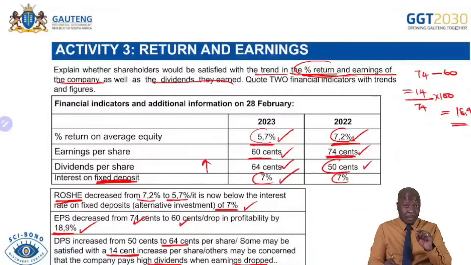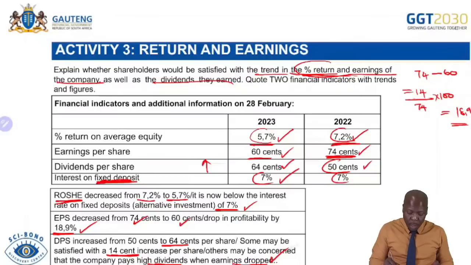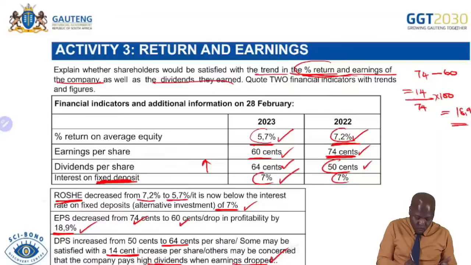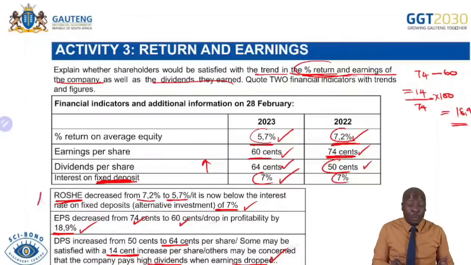Remember, we addressed this aspect. They are taking from their retained earnings. So here we are explaining whether shareholders would be satisfied with the trend. And we explained, first one is the ROSHE, and we compare it with alternative investments. Number two, it is your EPS, and we're also looking at its decrease.